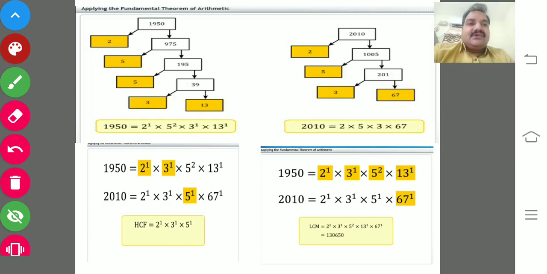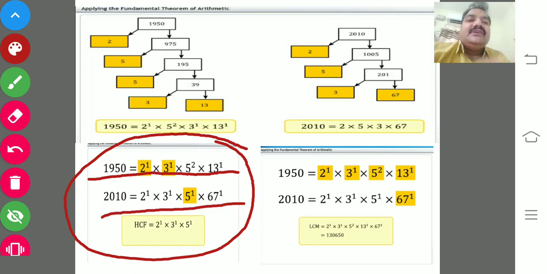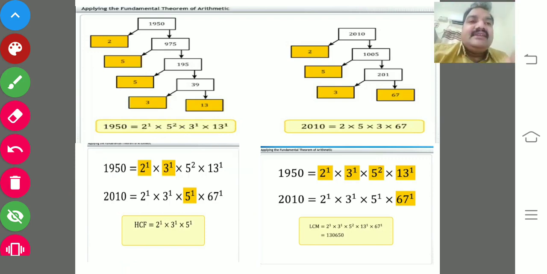Yes. So first, this is the part of the HCF. We would like to discuss how we find the HCF. In finding the HCF, first of all, what is common in both? You have to concentrate. Here 2 power 1 is there, here also 2 power 1.